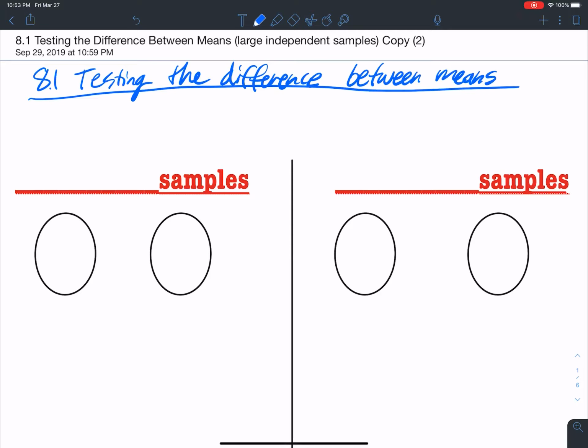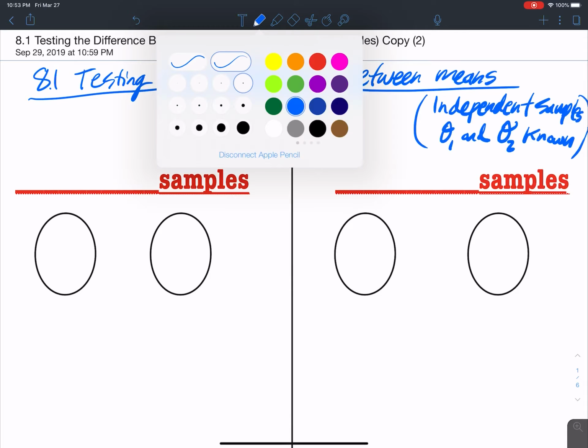So 8.1, we're going to be dealing with independent samples where sigma 1, because there's one population, and the other population's standard deviation is known. Okay? All right.